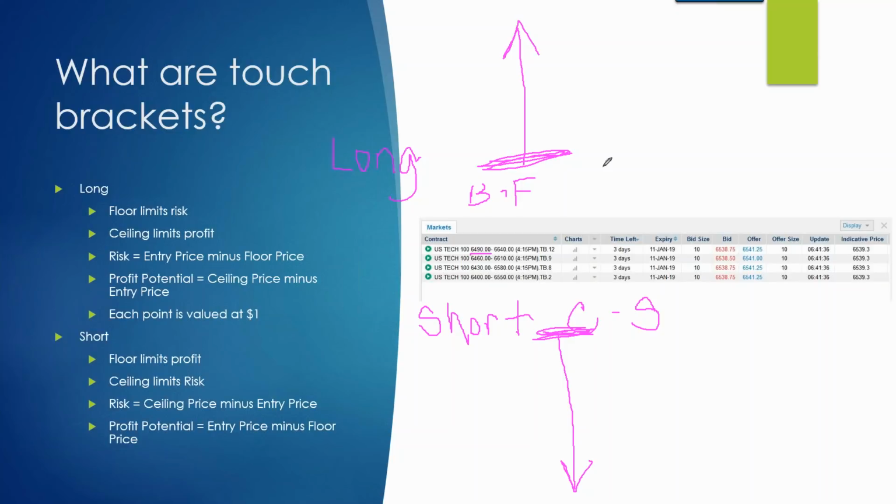Does anybody know why? Let's say here you have 64.90 as the floor, and price is trading at 64.91. Would it be a good idea to buy this floor?